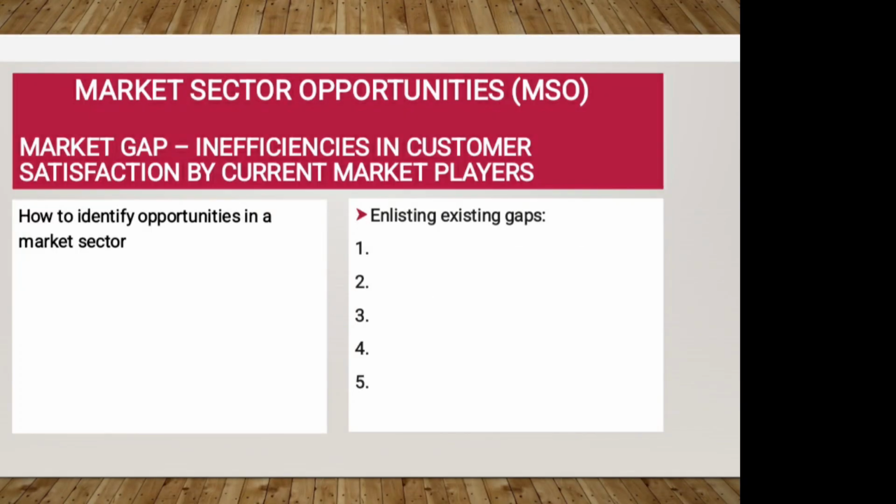We go to the next slide. So market sector opportunities. Remember we said market sector opportunities are found in society problems and are also found in what? Deficiencies in customer satisfaction. So on one side, we have pending innovations, or the society problem or the market gap. So pending innovation is a representation that there is a society problem, and also a representation that there is a market gap in the marketplace.